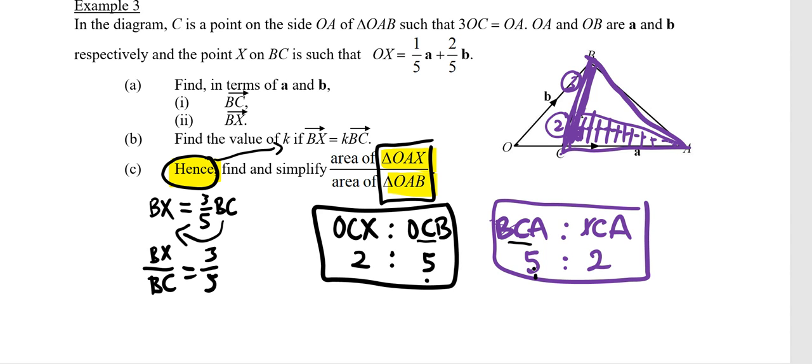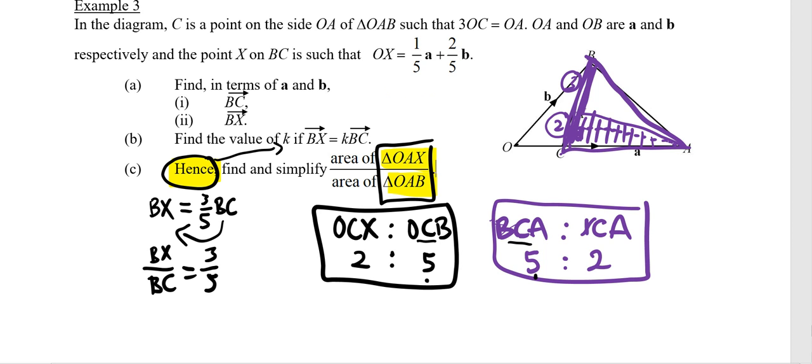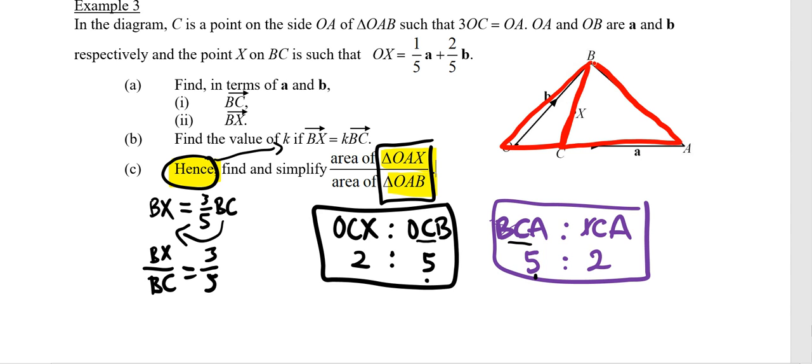So I'm going to now use another color, which is red, to link up these different 5 units. If you look at OCB and BCA, although just now we said that they are both 5 units, they are 5 units to different sizes.